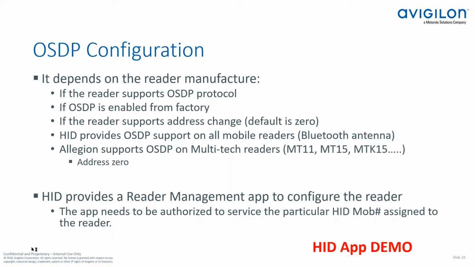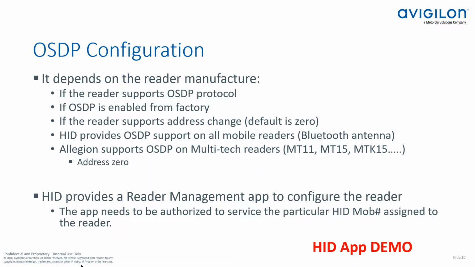If you want to deviate from that, in other words, if you want to plug two readers in the same port, then just contact the sales engineer team from Avigilon, and we'll try to help you with that. There is some configuration needed to support that. If it's address 0, you're not going to change it and you're just going to use one reader per port, then you should be fine.